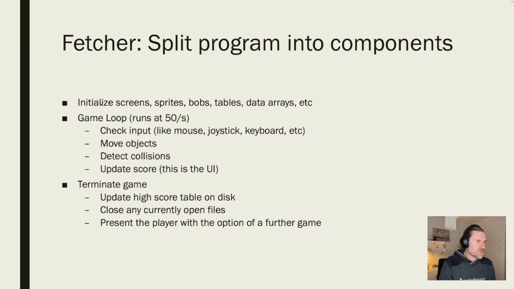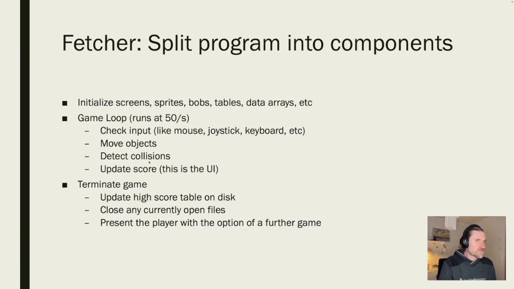You still have to have some kind of initialization. You have the game loop that will run during the whole game. And for an Amiga, it runs at 50 times per second. And then when you're done with the game, you have some kind of termination. And then you need to clean up and also present the player an option to play again.